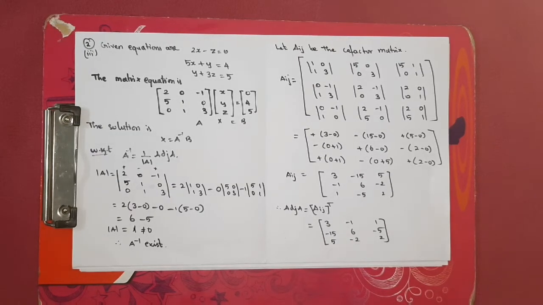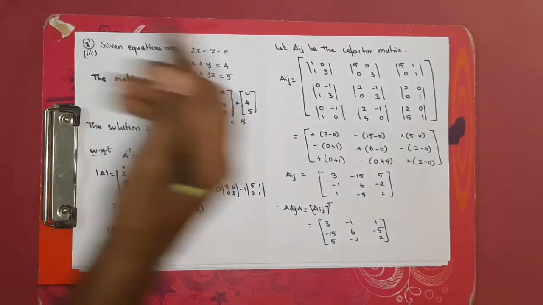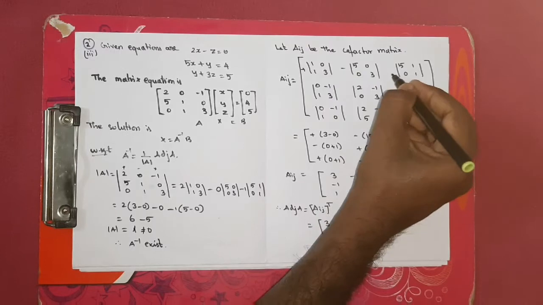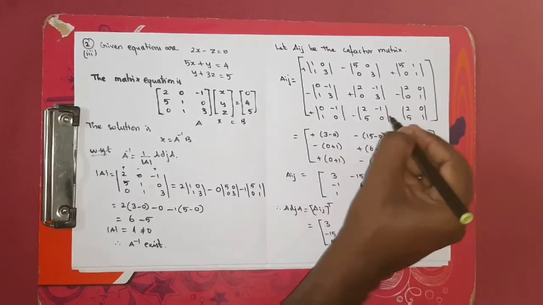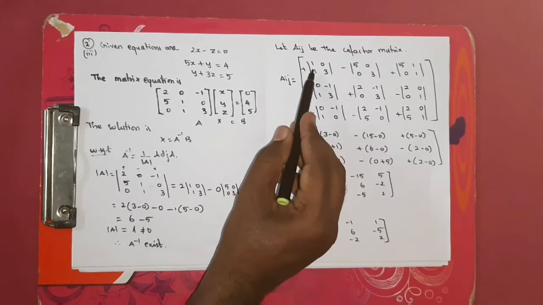For the first row, what sign do we give? Plus minus plus, for the second row minus plus minus, and for the third row plus minus plus. Now I am going to solve it.